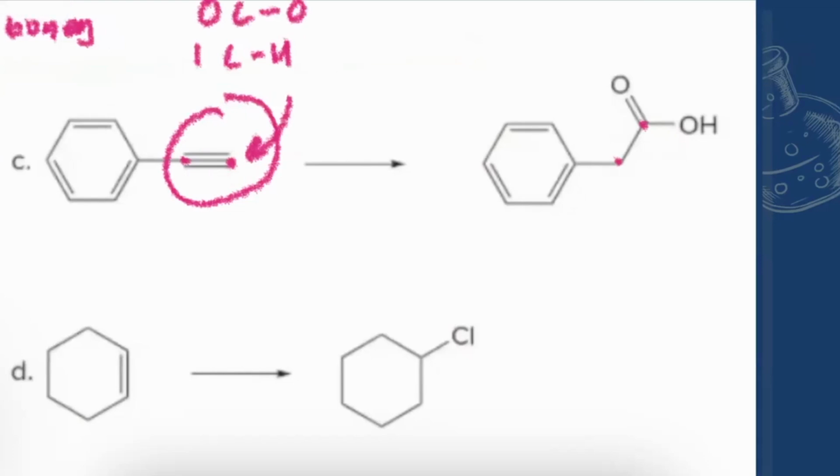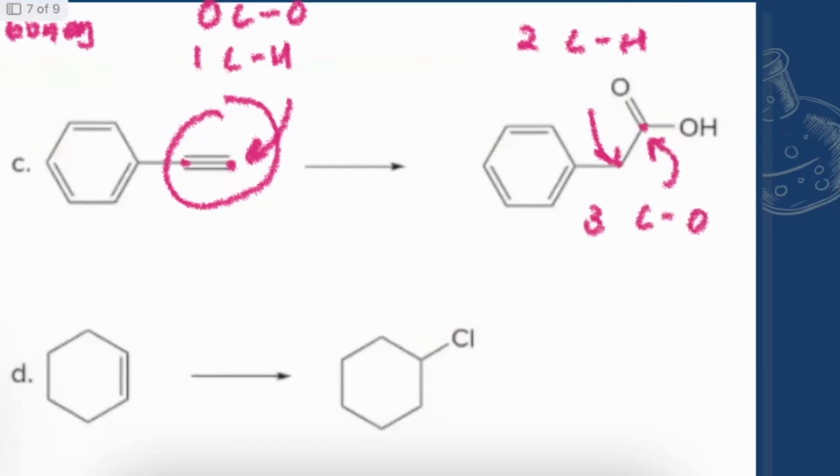And for the molecule on the right, we have a total of 2 carbon-hydrogen bonds in this carbon, and we have a total of 3 carbon-oxygen bonds at this carbon. So looking at the change here, we have an increase in carbon-oxygen bonds, and we can say that this is an oxidation reaction.